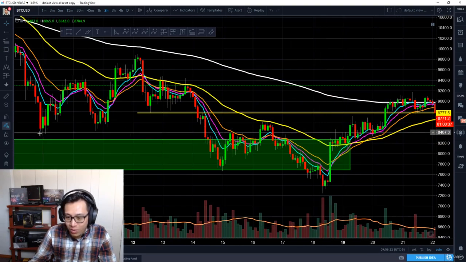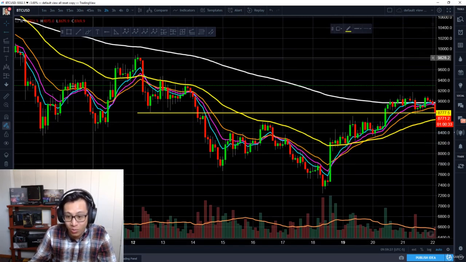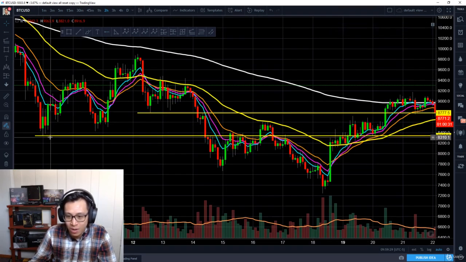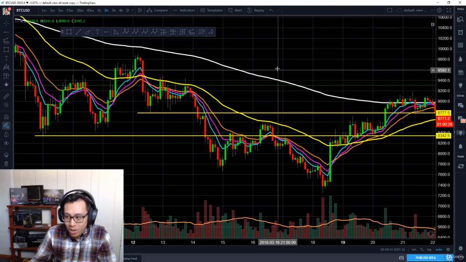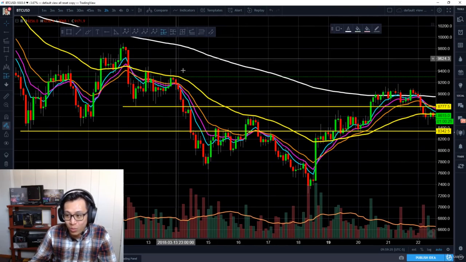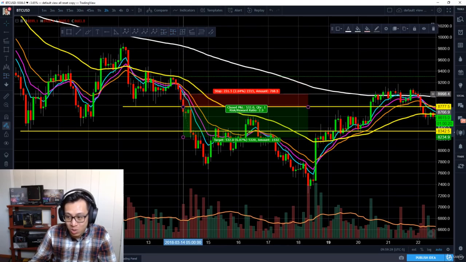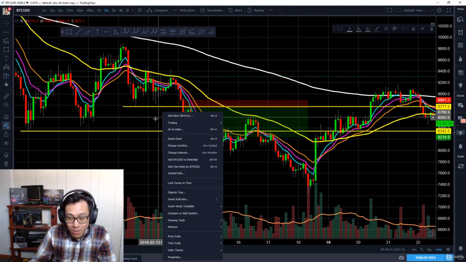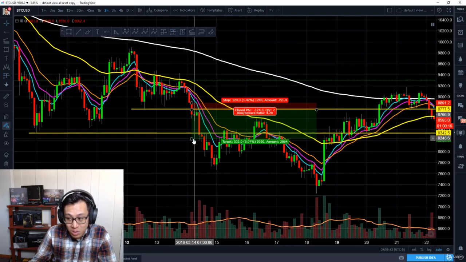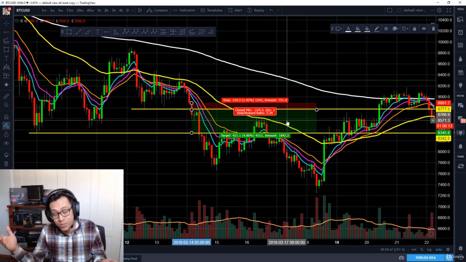Or even right around here, if we're extremely cautious, we can say this was a previous support area. So if it actually broke this particular support right there, then you would enter a short position, set your stop loss slightly higher than it this time because there's not really a lot of different highs there, and target there, and you would have actually made a 4.8% gain.